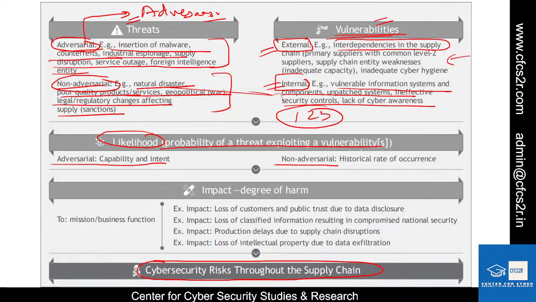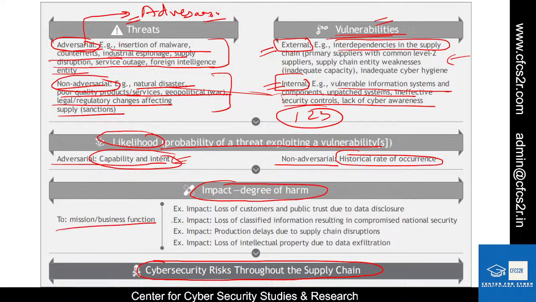We can judge some historical rate of occurrence, and for adversarial, we can talk about the capability and intent: what are the capabilities with which the adversarial threat is happening, and what is the frequency of the particular thing. Then we have an impact, like degree of harm.